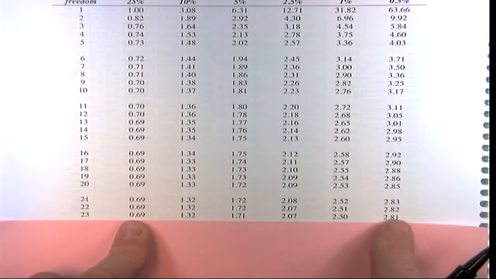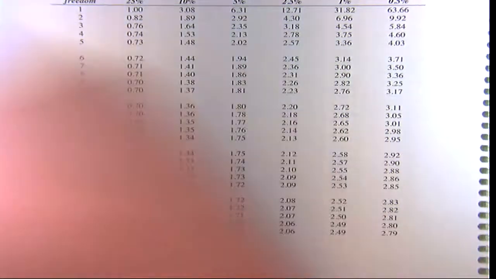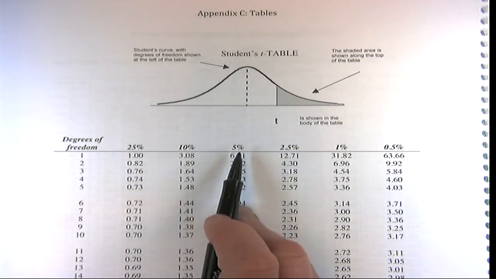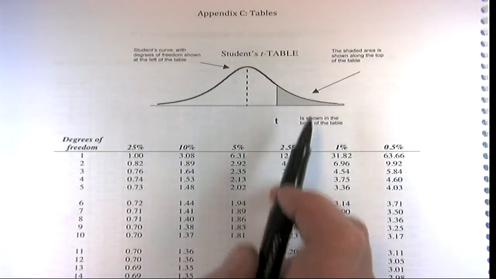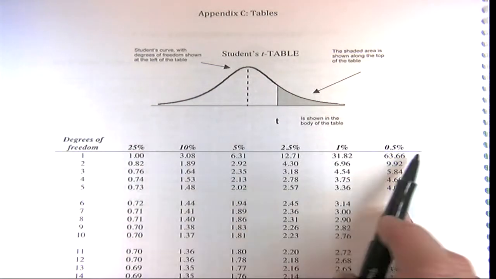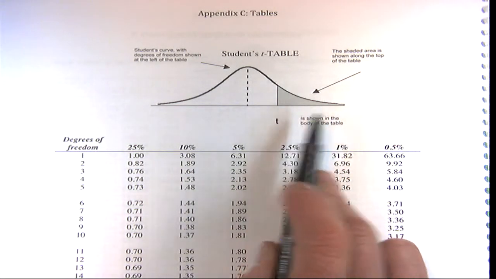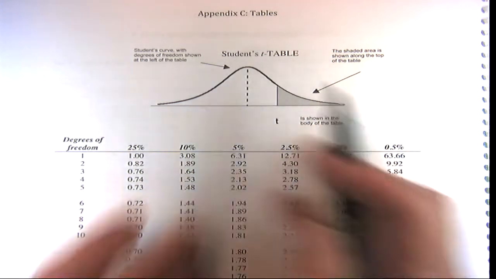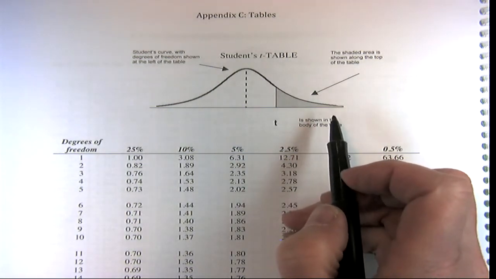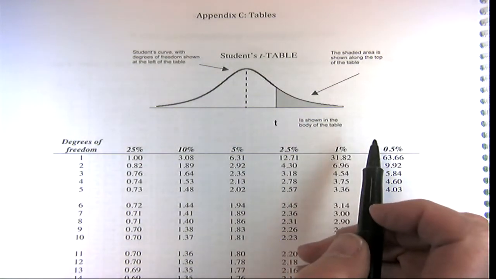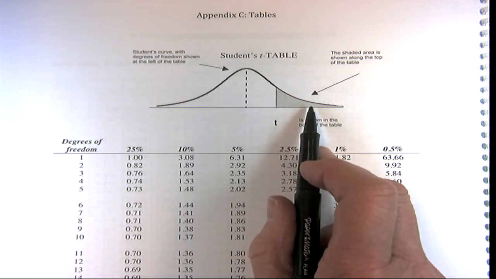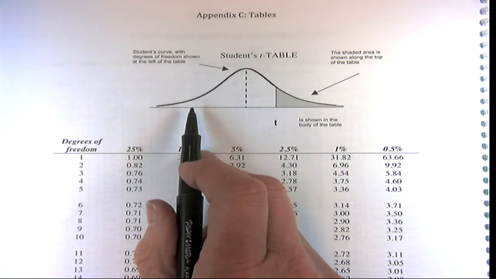Now, which one of these do we want to use? Well, let's look up here, and what these headings tell us is the area just in one tail. The shaded area is shown along the top of the table. All right, so if it's just the area in one tail, this just happens to be the t-table that we're using here. Now, if it's the area in one tail, and we want 95% in the middle, this means 2.5% in one tail and 2.5% in the other tail.